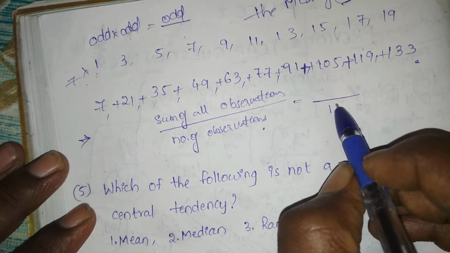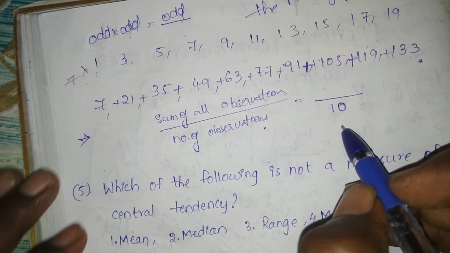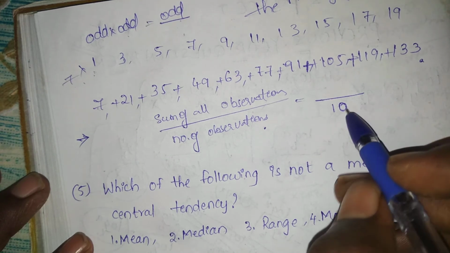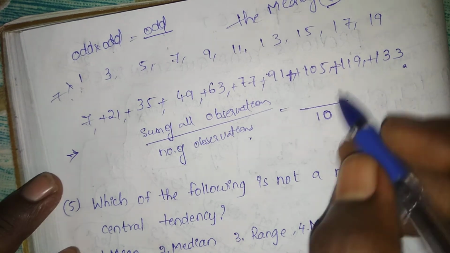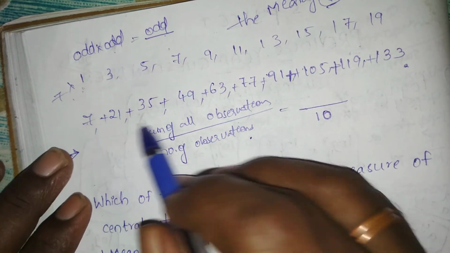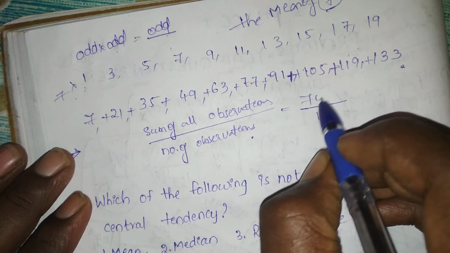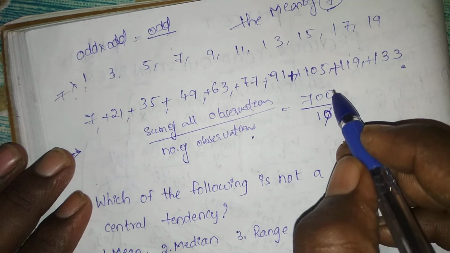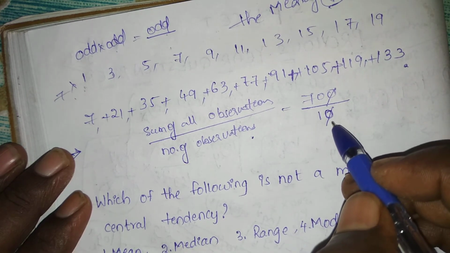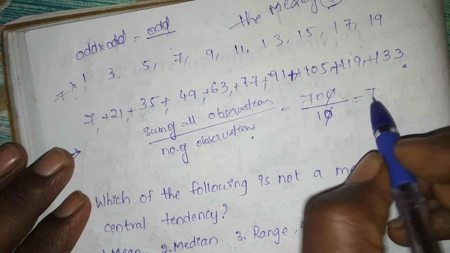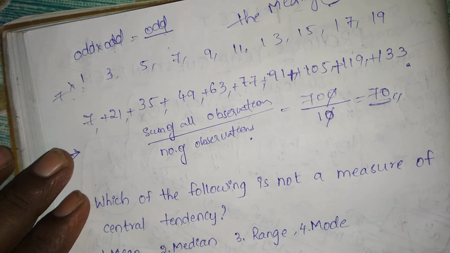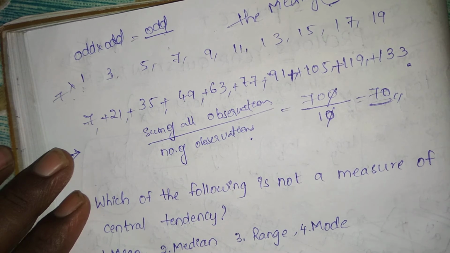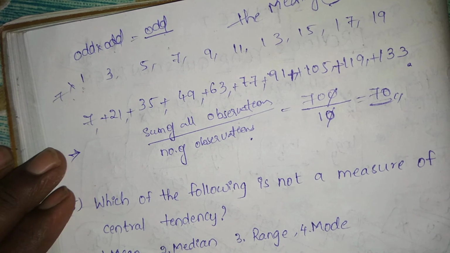In the question, we have only the first 10 multiples of 7 that are odd. While adding all these we will get 700. Cancelling the 0 in the denominator and the numerator, we remain with 70. The mean of the first 10 odd multiples of 7 is 70.